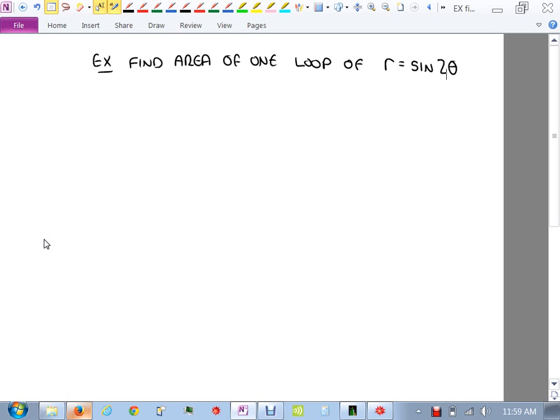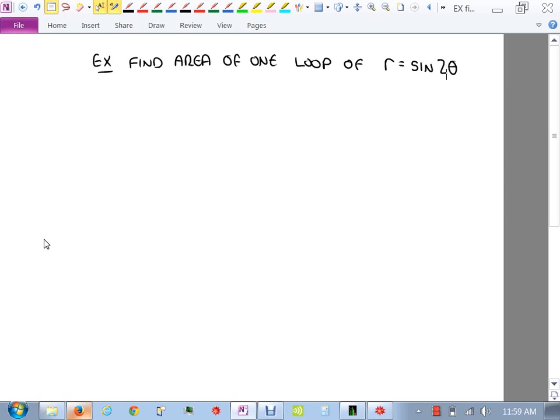Oh, by the way, before I forget, your calculators have parametric mode. They also have polar mode. So you can graph polar equations on your calculators. You might want to practice doing that, because on your test, if I ask you to graph one loop of something, the most difficult thing for you is going to be the limits of integration, what your theta is that draws that loop. That'll be the hardest part for you.